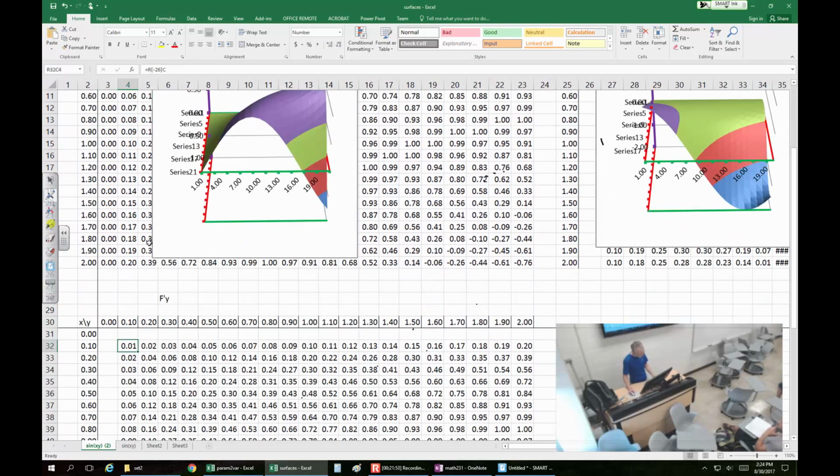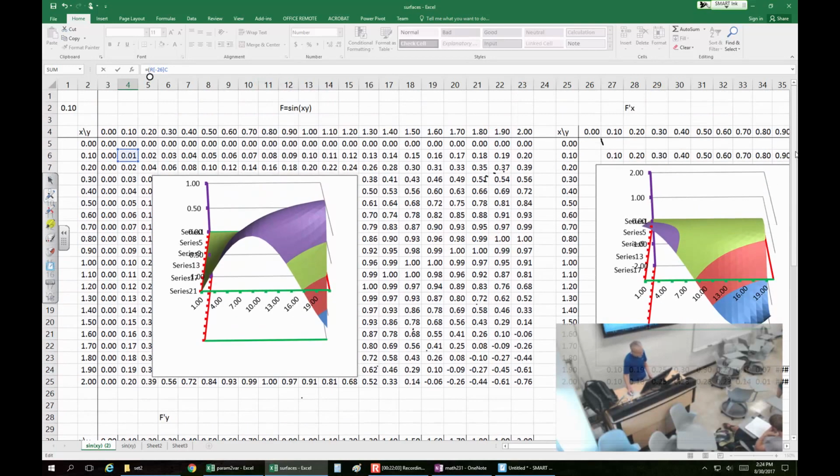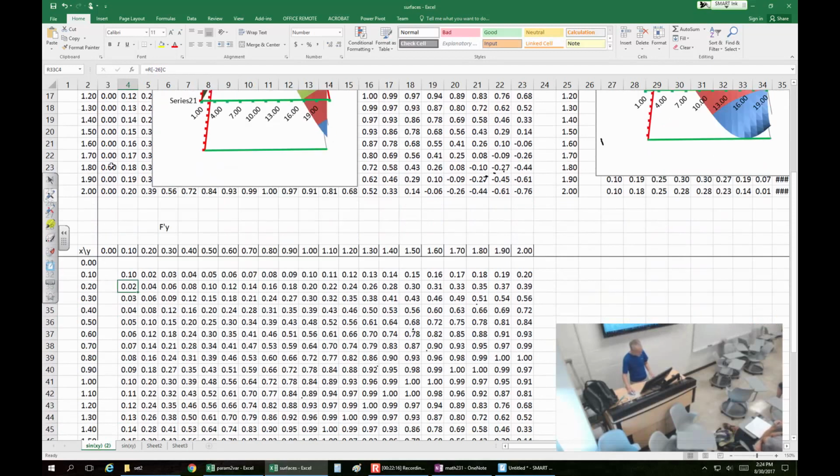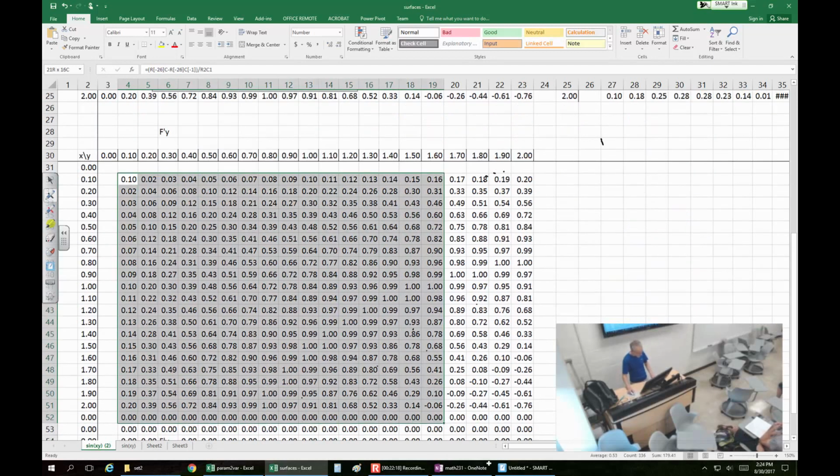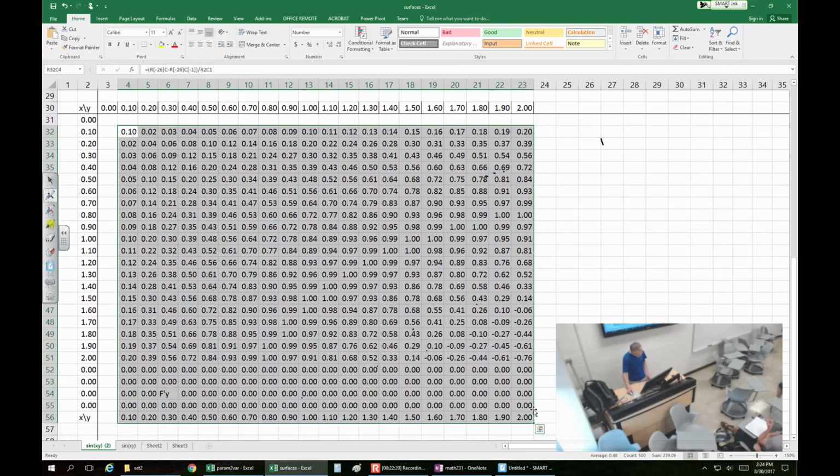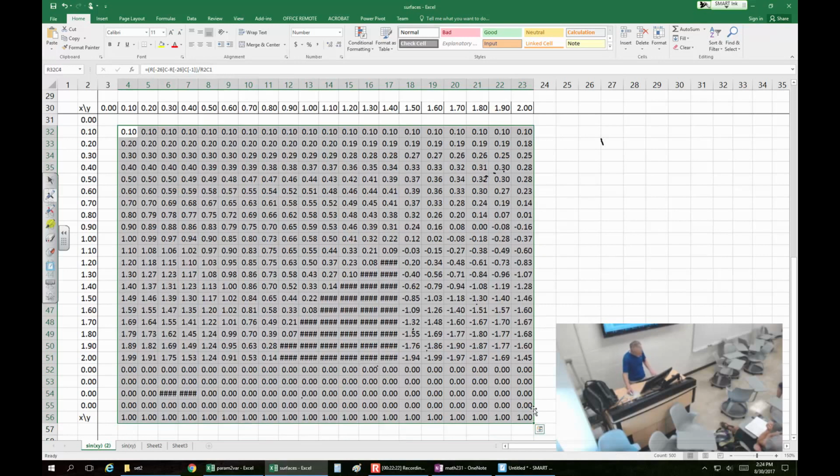Over here, this one is equal to parentheses, minus this horizontally, parentheses, divided by R2C1H. Okay, so that is my value. The rest of the values are acquired from it by copying.